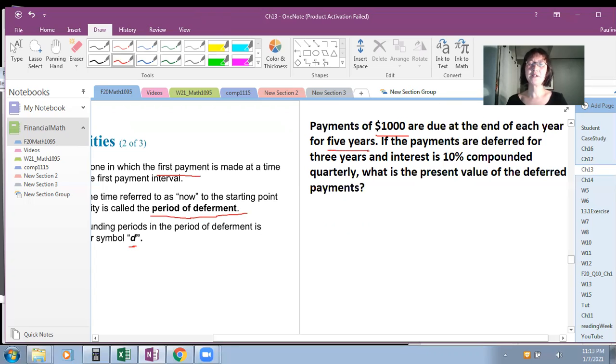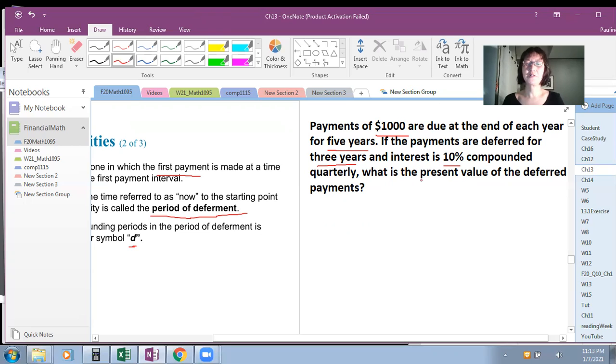If the payments are deferred for 3 years, and interest is 10% compounded quarterly, what is the present value of the deferred payments? That is the question.